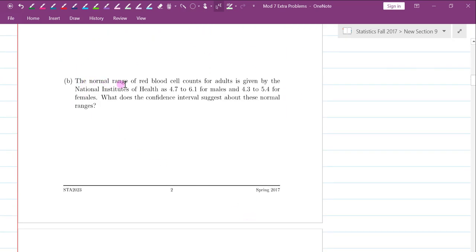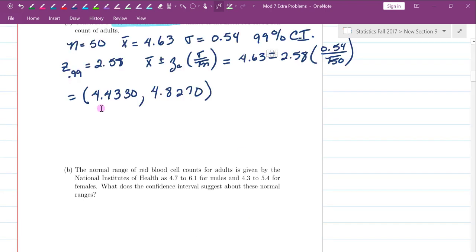Now it says the normal range of red blood cells for adults is given by the National Institute of Health as 4.7 to 6.1 for males and 4.3 to 5.4 for females. What does the confidence interval suggest about these normal ranges? If you look right here, you're going to see that our lower bound is 4.4 and our upper bound is 4.8.